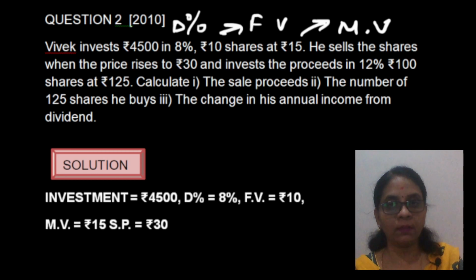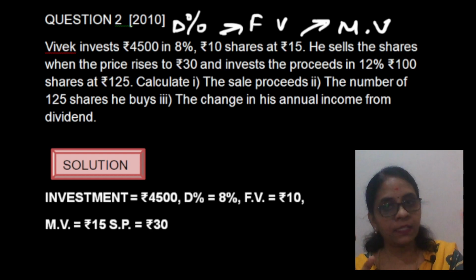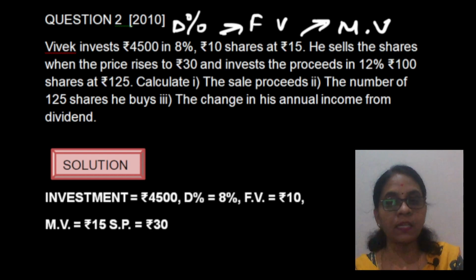What does that mean? It means that the money he is getting by selling off his shares, all that money he is again investing in some other company. The first company was X, now he is investing in some other company Y. Now how is he buying the shares in that company? In 12%.